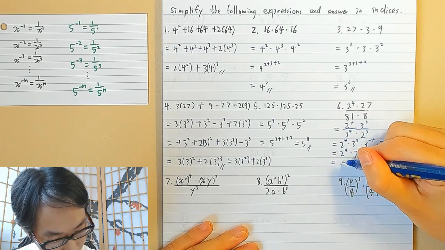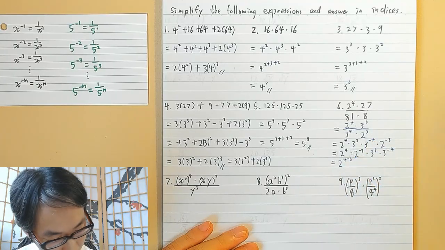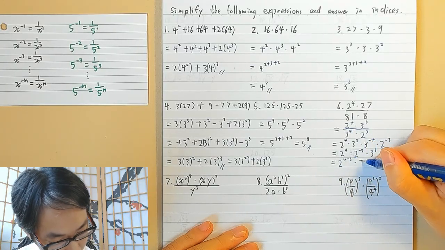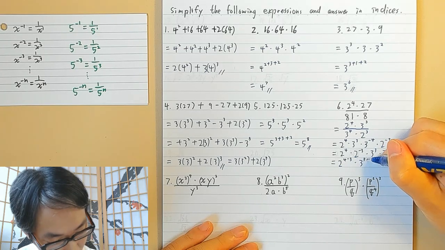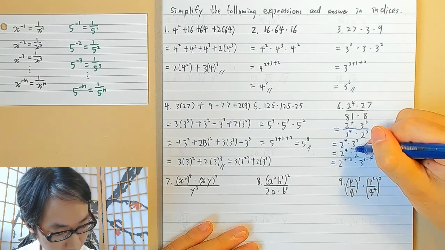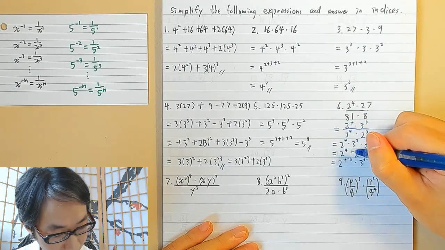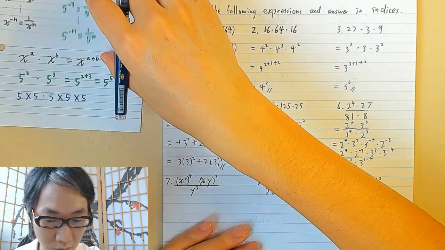Then this 2 to the power of 4 minus 3 times 3 to the power of 3 plus negative 4, which will be minus 4. It's also 4 plus negative 3 is 4 minus 3. So actually we're using the addition rule. So we're using this one.